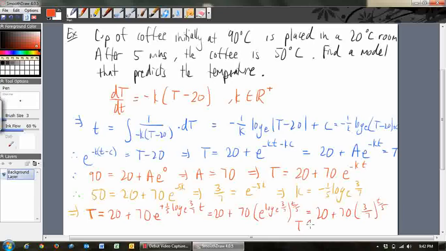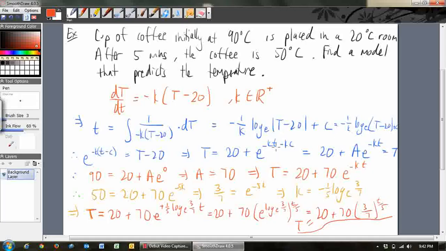That's what temperature equals, and there is your solution to that. So this tells you that after a certain amount of t minutes, your temperature will be equal to 20 plus 70 times 3/7 to the t over 5, and that's your model.